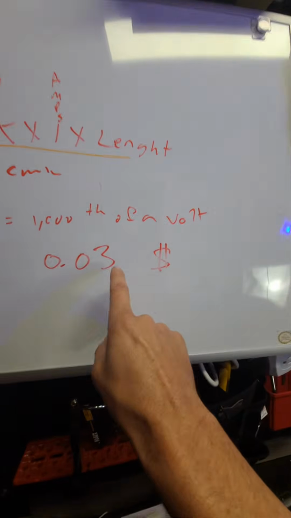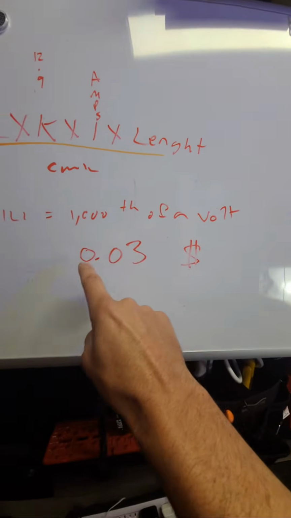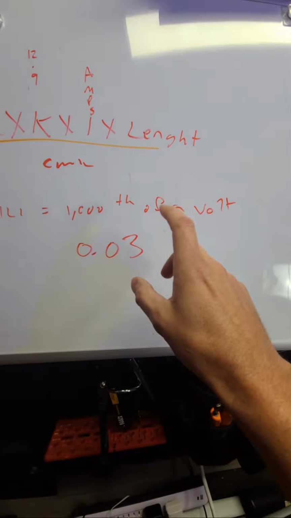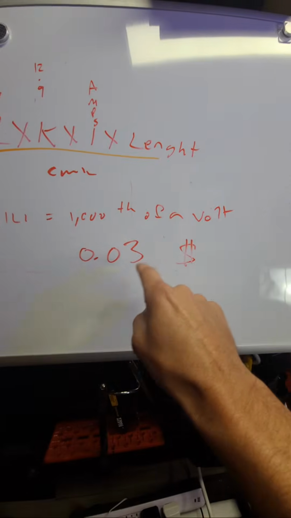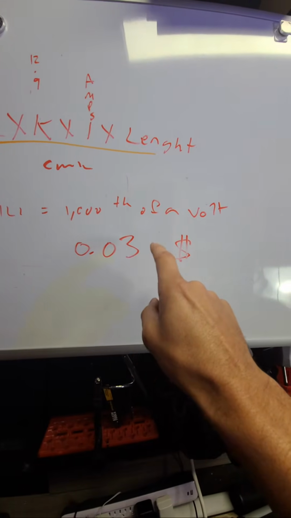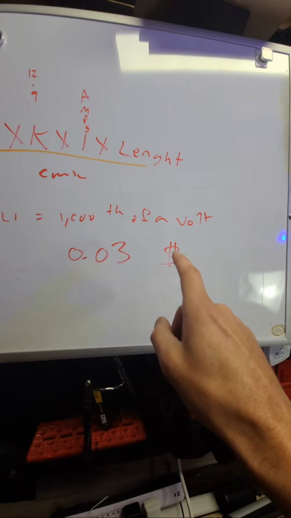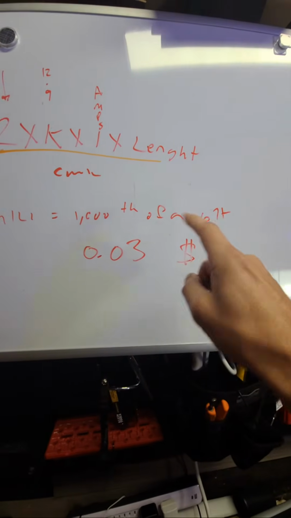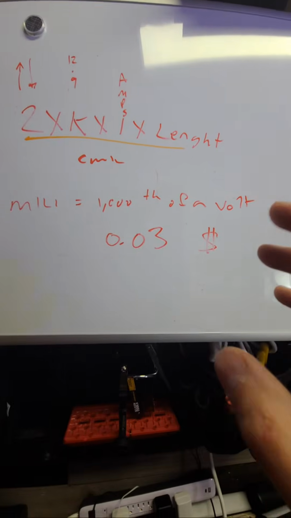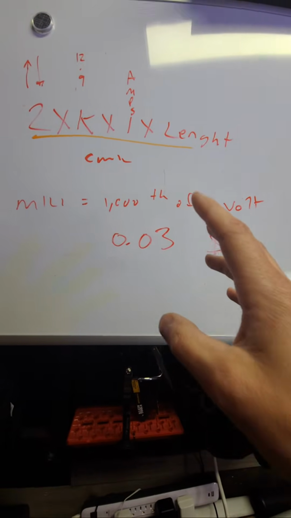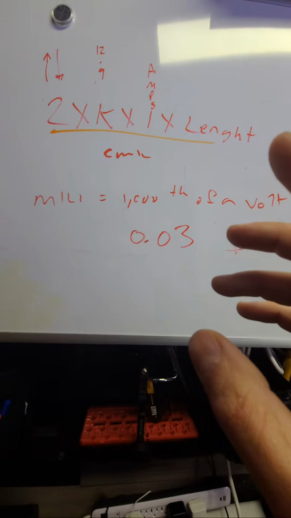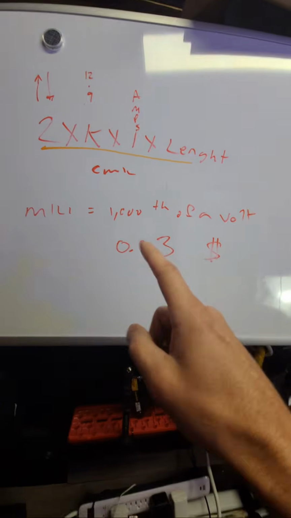So 0.03 would be 30 millivolts. Not all multimeters can read millivolts. That's very important, and is going to play into what I'm going to show you tonight.